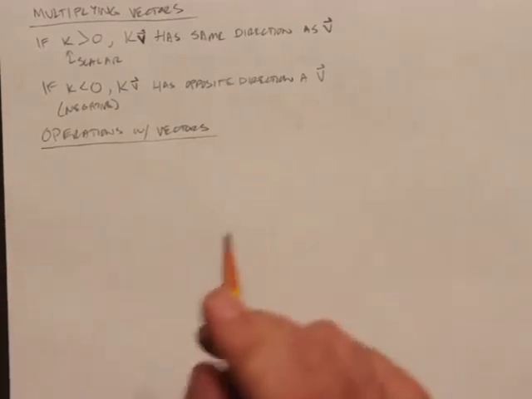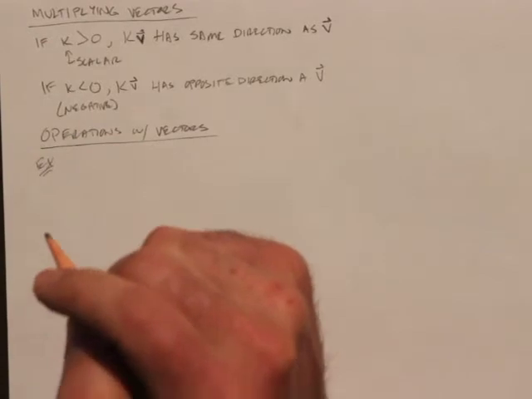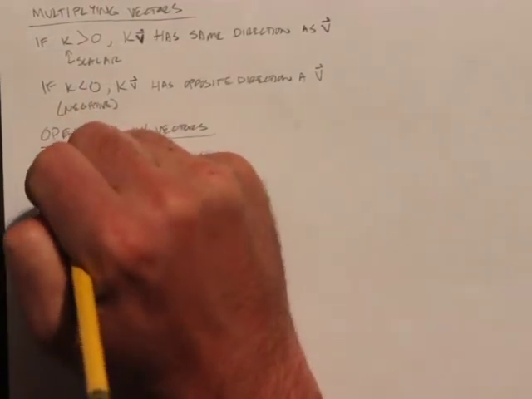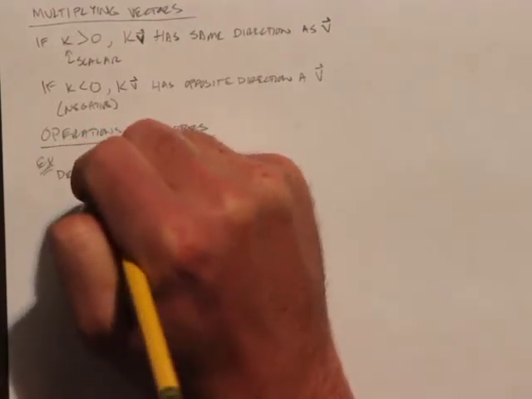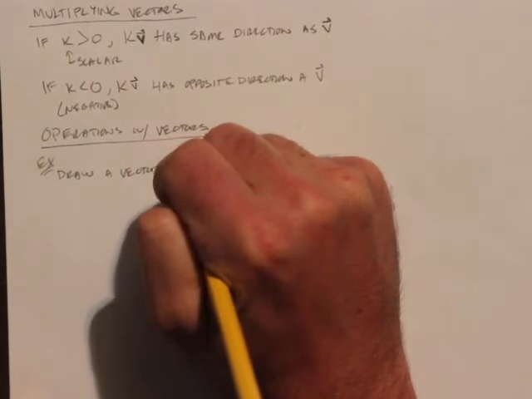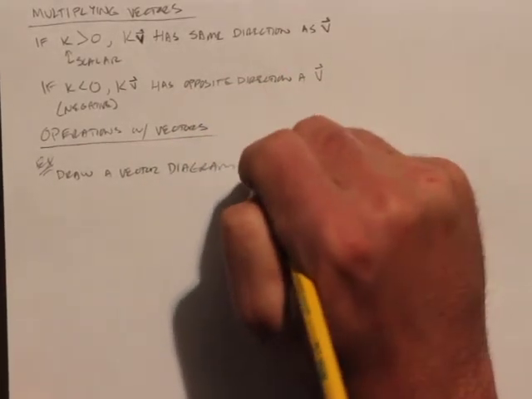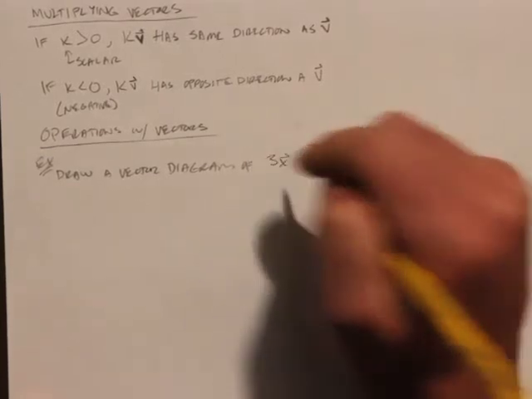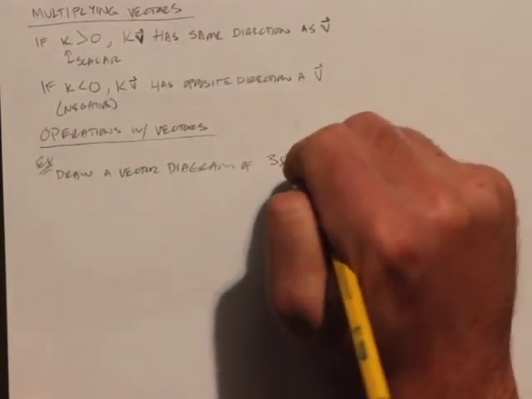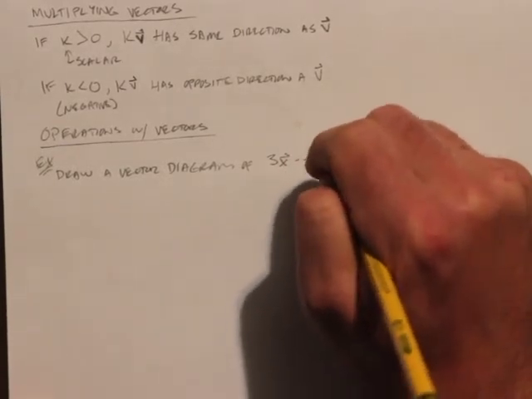Operations with vectors. So our first example is going to be, we're going to draw a vector diagram of 3 vector x minus 3/4 vector y.